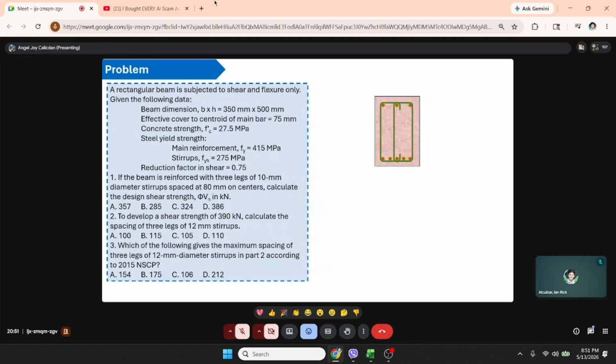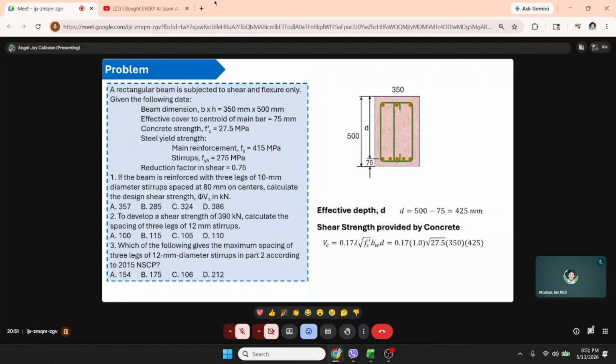So this is the cross section, 350 by 500. And effective cover is 75. So solving for effective depth d is just 500 minus 75, which is 425 mm. And solving for the shear strength provided by concrete, 0.17 lambda square root of FC prime bwd.